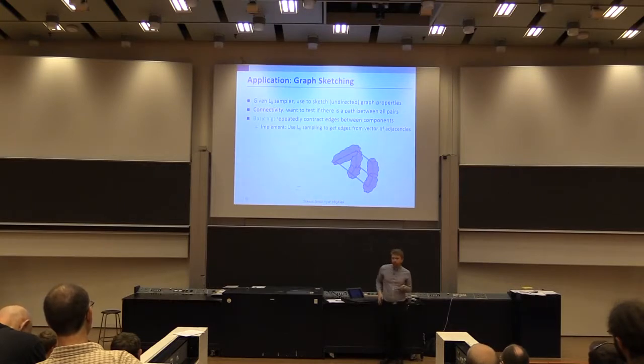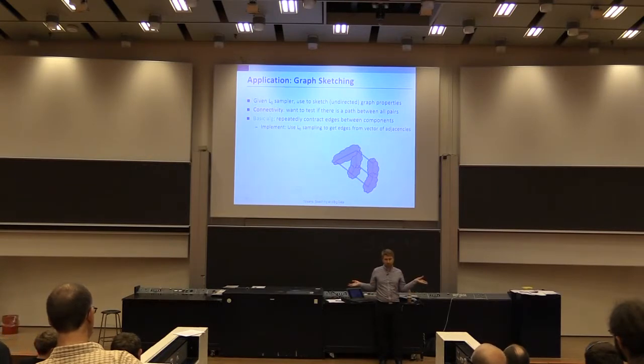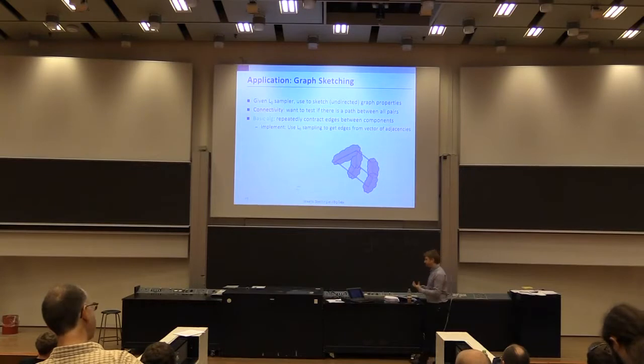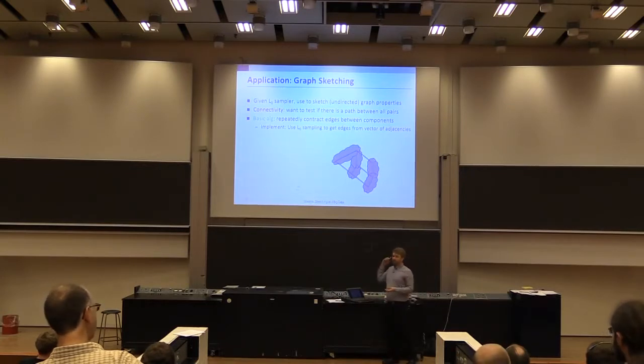So what we want to do is run exactly that algorithm, but rather than keep all the edges explicitly, of which there may be a large quadratic number, we represent those edges inside L0 sketches and use properties of the sketches to simulate this algorithm.